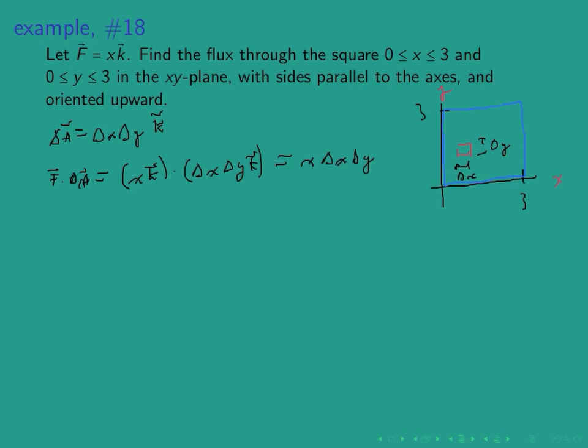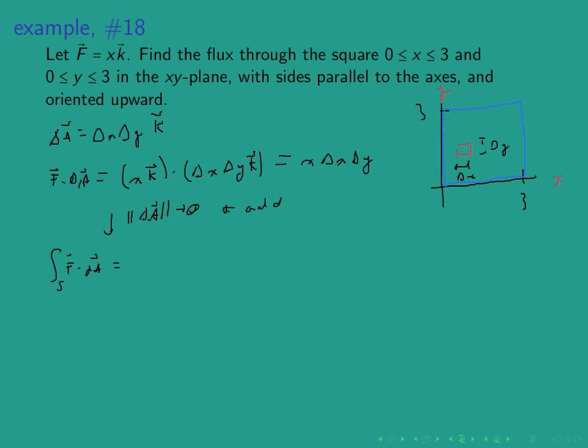Now, as we add these all up, and we let the size of these delta A vectors go to 0, we get a flux integral. And the flux integral is the flux over this surface, which is the square, F dot dA, and what we get is an integral of this thing over the square.